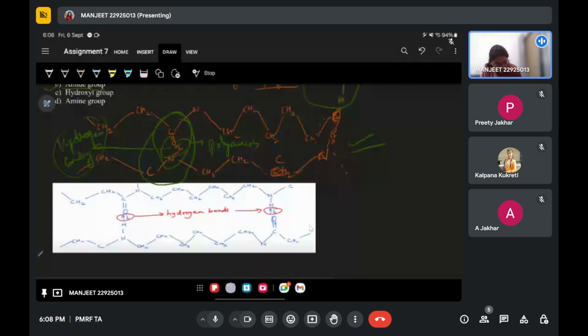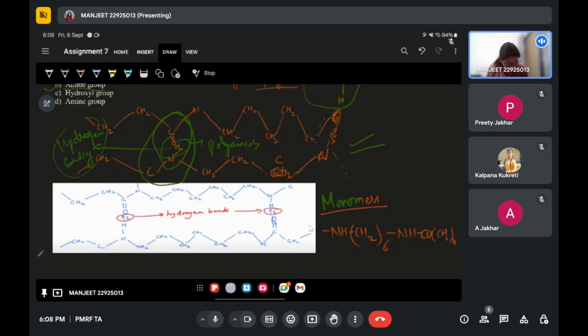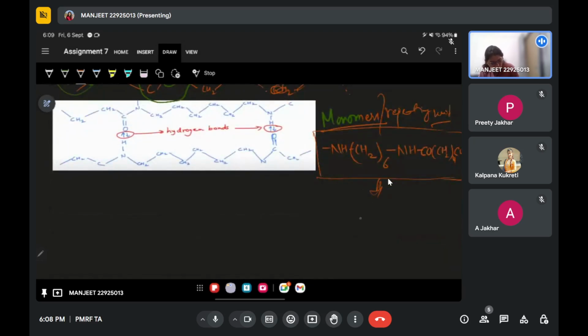If I write the monomer in short form, the monomer will be NH(CH2)6, then NHCO(CH2)4 and again CO. So this is the monomer unit for the nylon, or you can say this is the repeating unit for the nylon, and it belongs to the polyamide group.